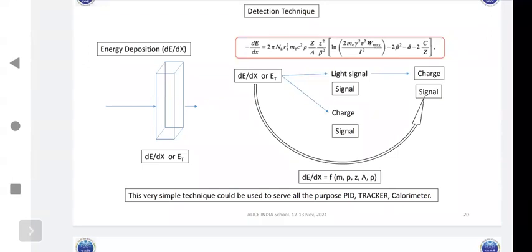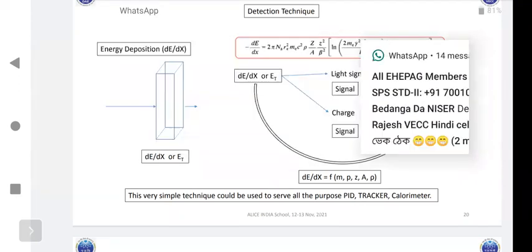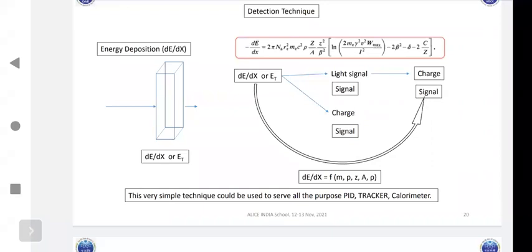And this energy can produce a light signal if it is a scintillator type of thing, or it can produce a charge, an electron-ion pair, right? And this electron-ion pair charge could be a signal, or if it is light, you can convert this light using a photomultiplier, where the light will fall and produce electrons.